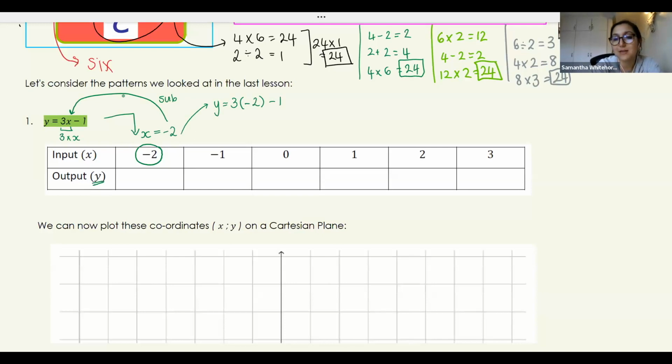So you're saying 3 times -2. A positive times a negative is a negative, and 3 times 2 is 6. And then we have to subtract 1. Now, if we're already at -6 on our number line, and we want to take another 1 away, we are going to end up at -7. So we have, by substituting, found our output value.